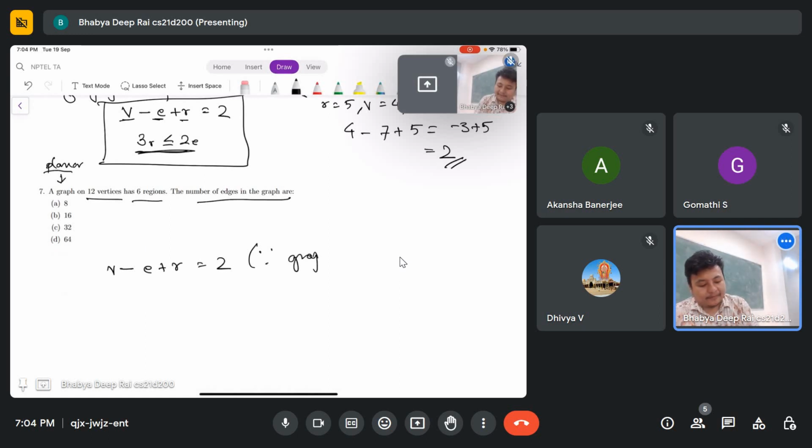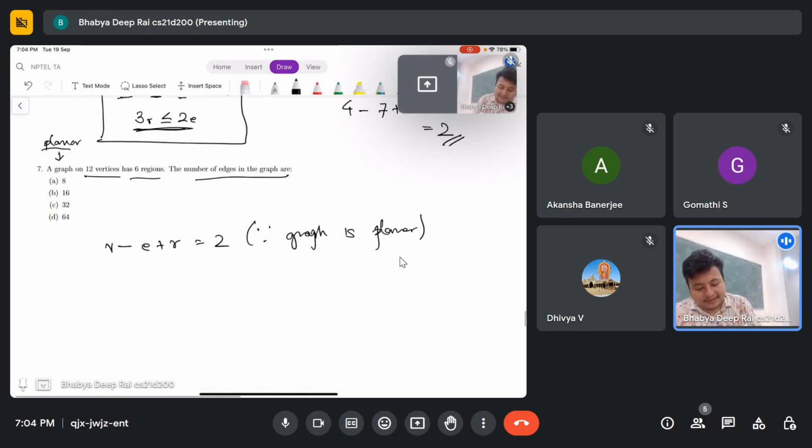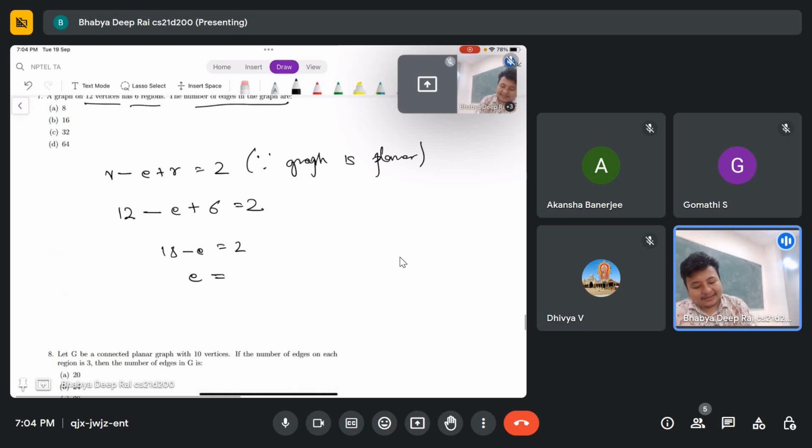Now, what is V? 12 vertices minus E plus how many regions? 6 regions equals 2. Now 12 plus 6 is 18 minus E equals 2, which means E is 18 minus 2, which is 16. So the answer is B, 16.